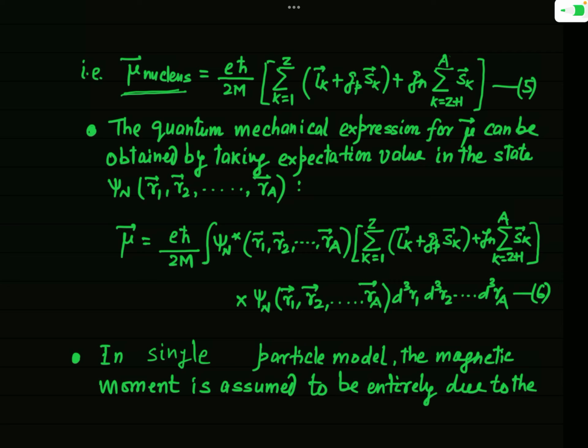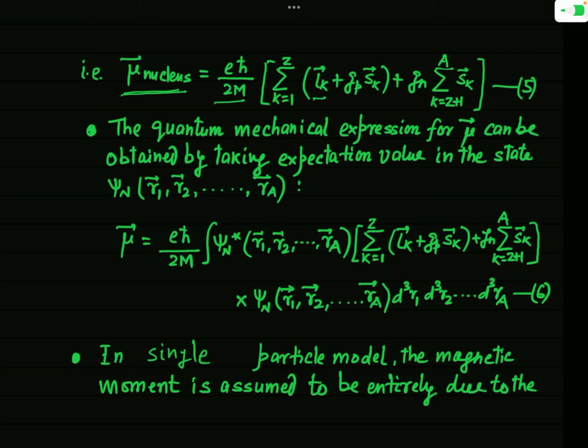Mu orbital, when you consider the magnetic moment due to proton, will be: e h bar over 2m is a common factor, and in case of proton you write two types of angular momenta. This is the summation over k from 1 to Z of Lk.